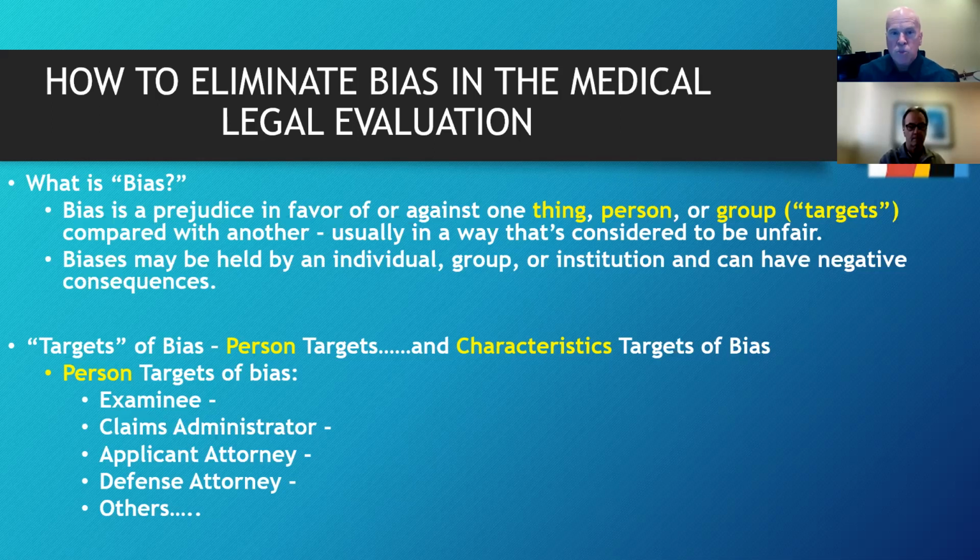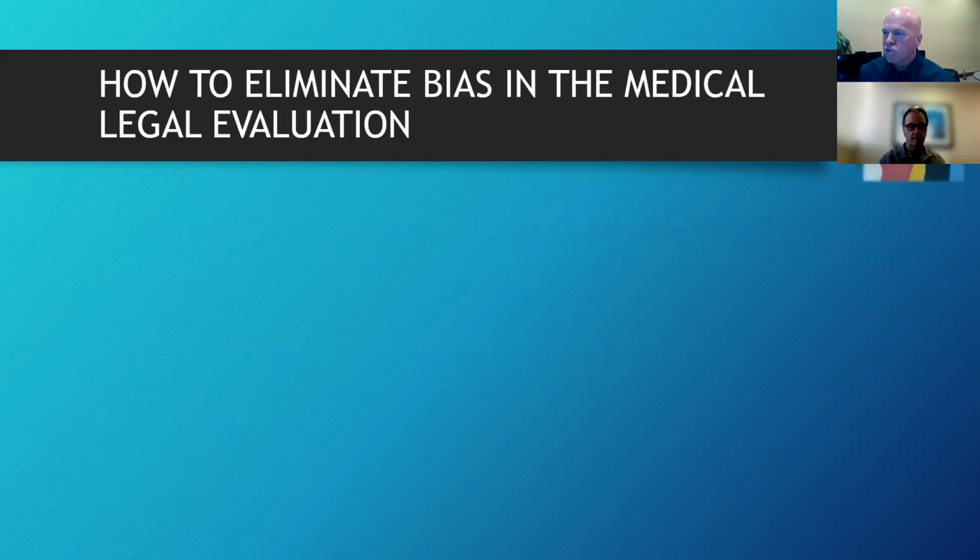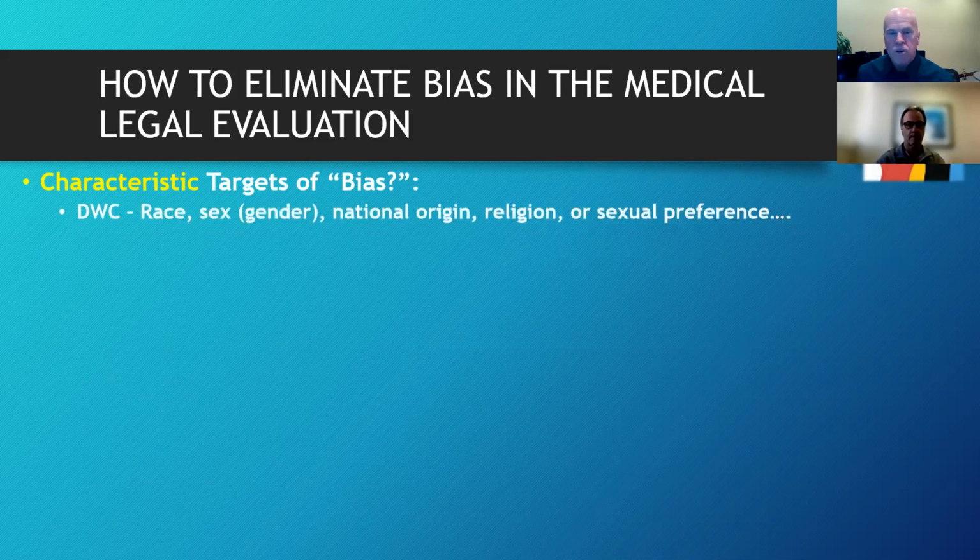Now, each of these persons themselves have individual characteristics that can be targets of bias as well. The Division of Workers' Compensation has identified these as their specific targets that they want to combat, such as race, and they refer to sex as a target of bias, though what they really mean is gender.